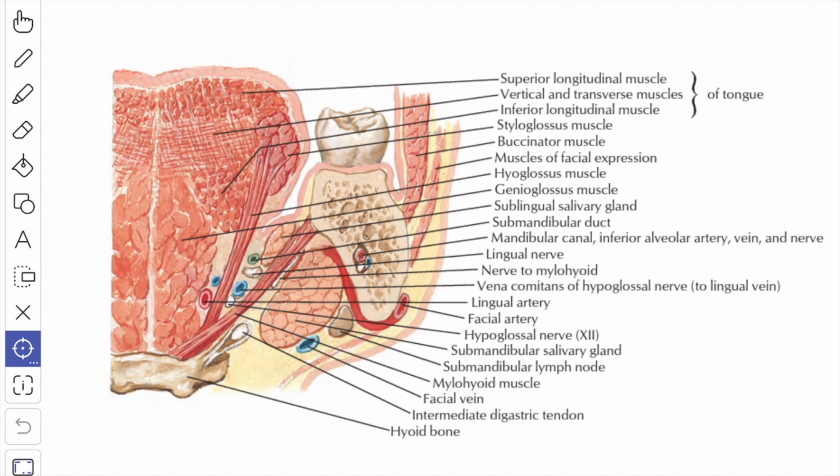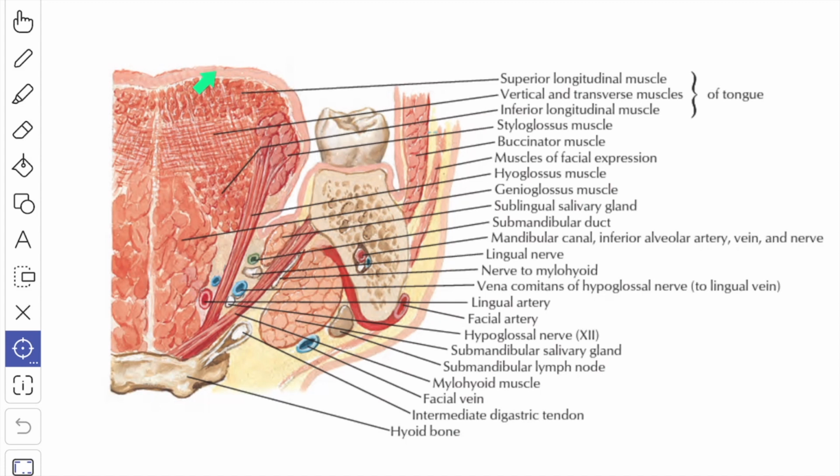Next we'll see about the intrinsic muscles. It consists of 4 pairs of muscles: the superior longitudinal muscle, inferior longitudinal muscle, transverse muscle and verticalis muscle. So first we'll see about the superior longitudinal muscle.